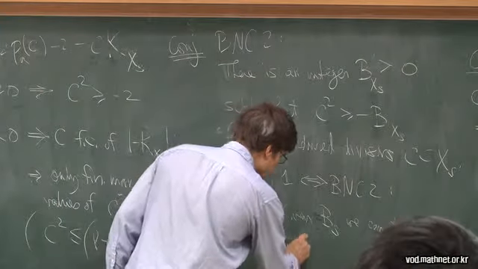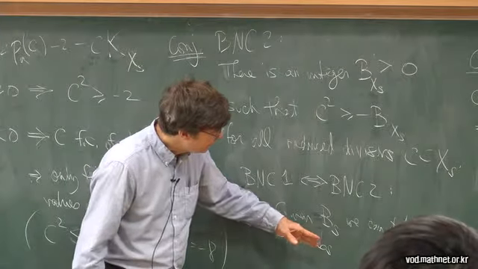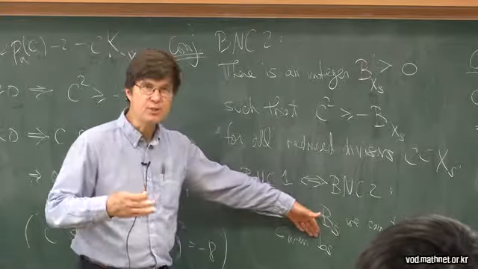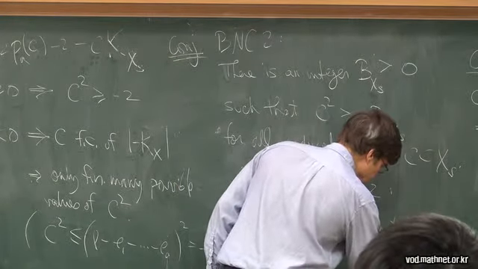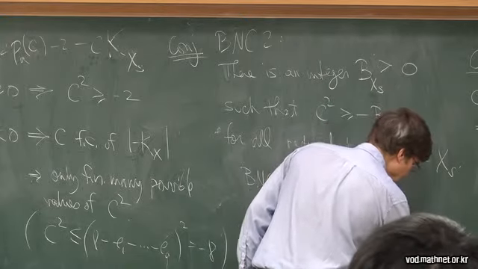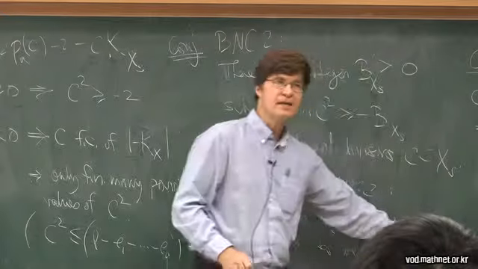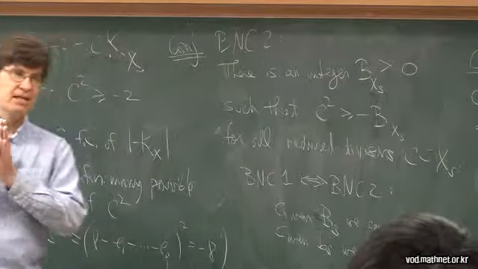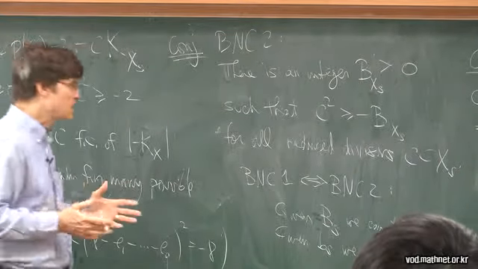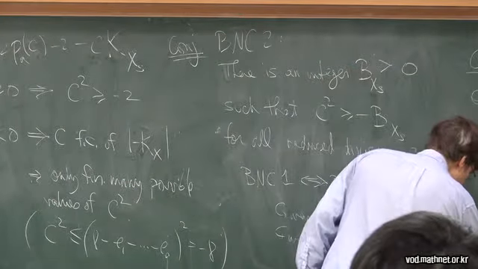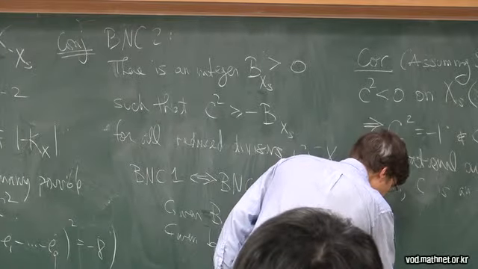And this one is a little harder to show. Given a bound on the prime divisors, the reduced irreducible curves, we can take capital B to be S times little b. And the S is one less than the Picard number of the surface. So the proof comes from Zariski decompositions.